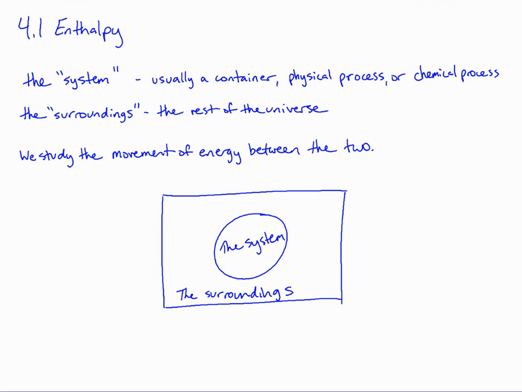So these are very general terms. And the idea of thermodynamics is studying the movement of energy between the system and the surroundings. And at the bottom here, we have a very generic picture. The system and the surroundings, they're two areas that are touching, but they're separate systems.